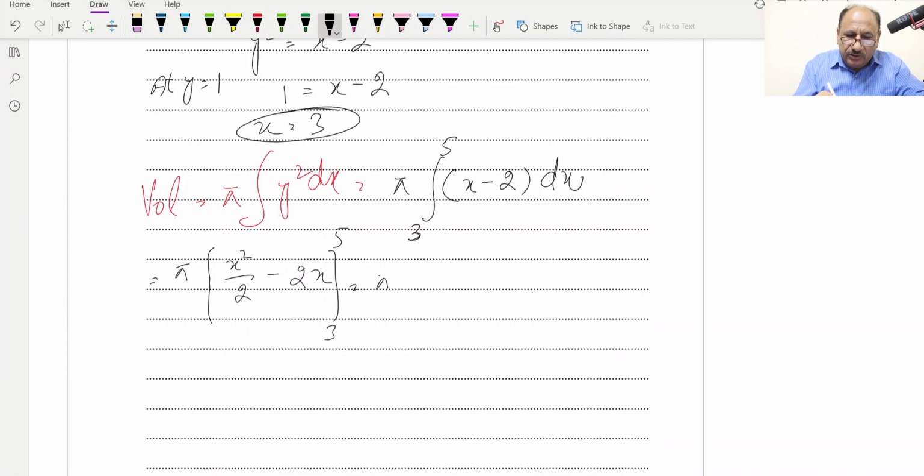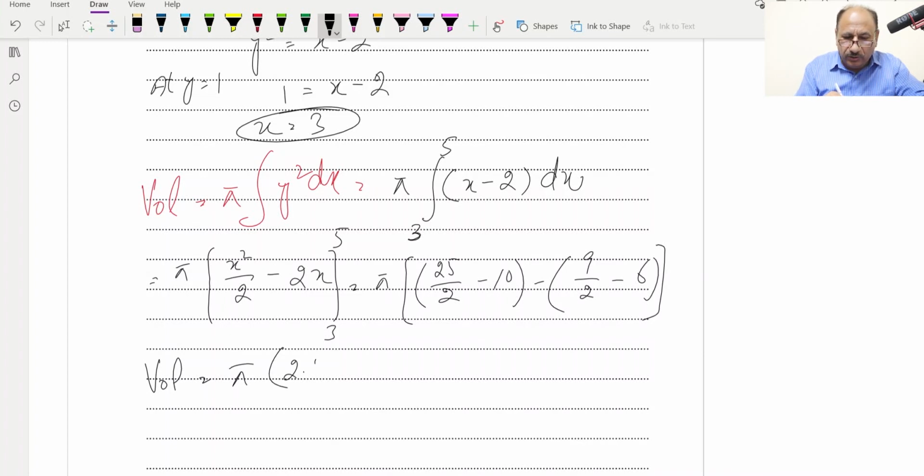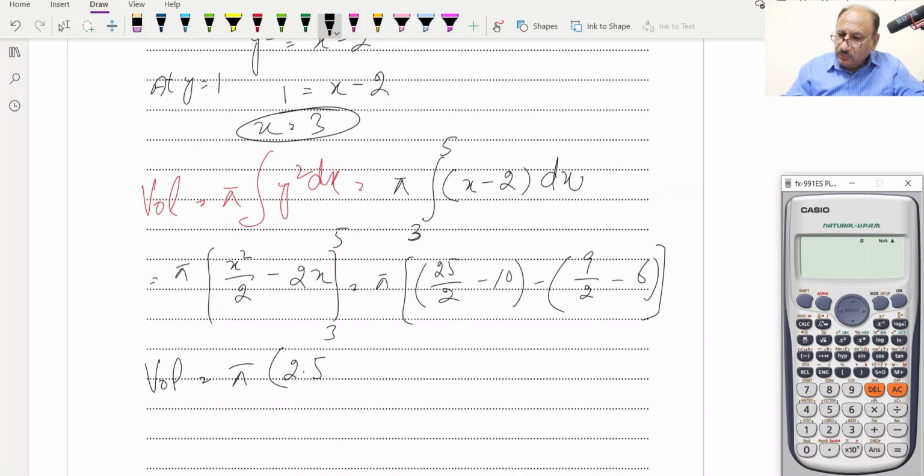Now upper limit first: pi, and inside will be 5 squared, 25 over 2, minus 2 into 5, which is 10, and now minus the lower limit 3: 3 squared is 9, 9 by 2 minus 2 into 3, which is 6. So volume will be equal to pi, and 25 over 2 minus 10 is 2.5. Then 9 over 2 minus 6 is minus 3 by 2, and multiplied by the minus it becomes plus 1.5.